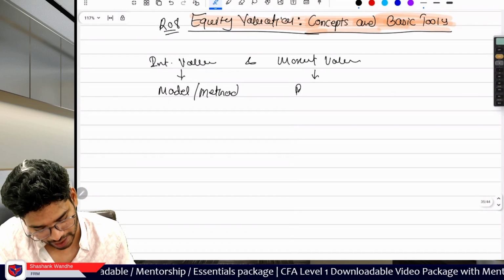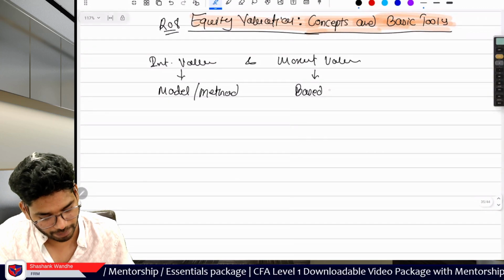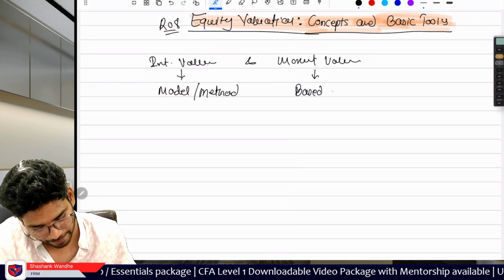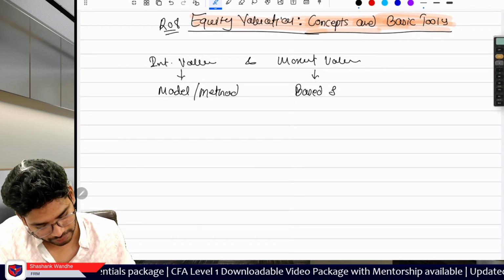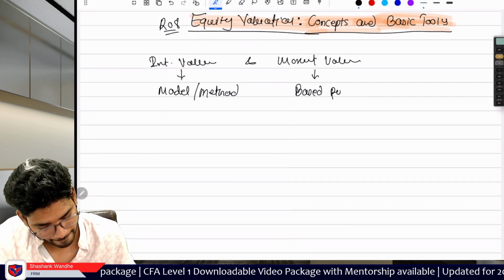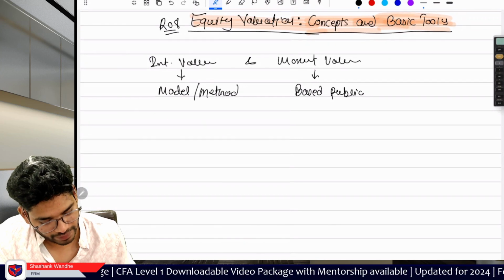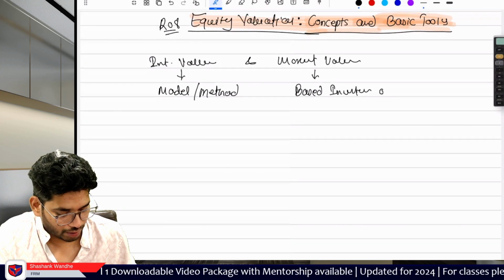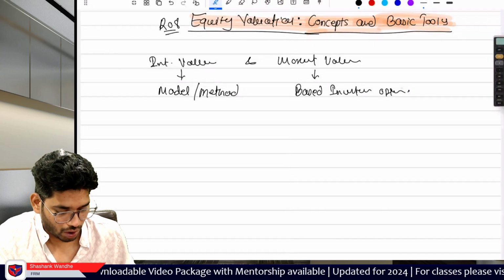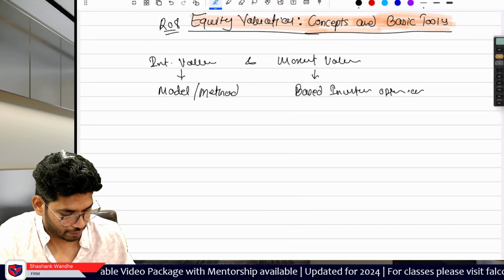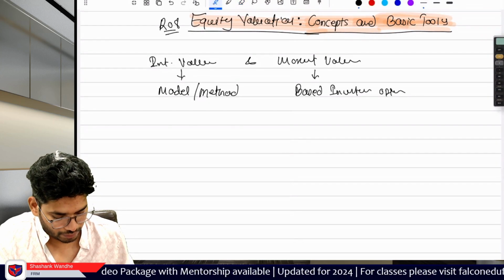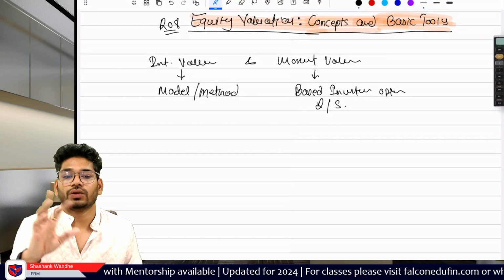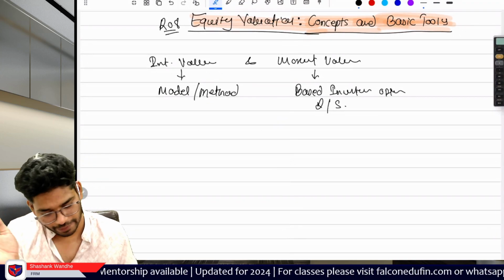This market value is generally based on the public sentiment, investors' opinion, or let's say demand and supply. Okay, so based on this the market value is decided.